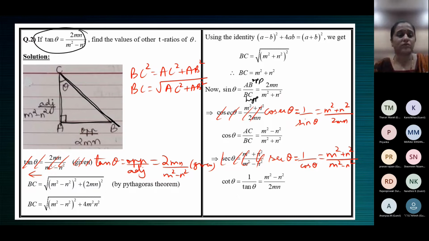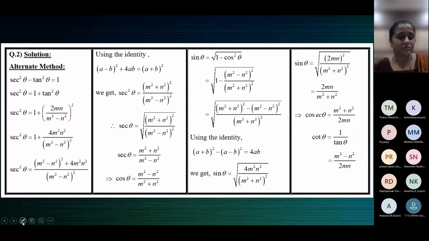Now what does this look like? This looks like a minus b the whole square plus 4ab, where a is m square and b is n square, 4ab being 4m square n square.